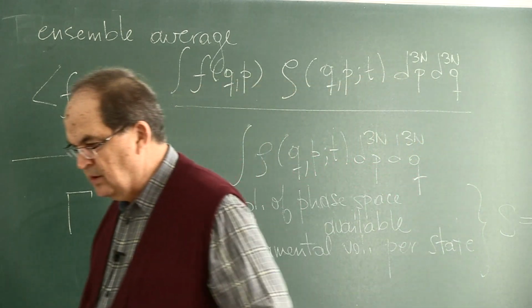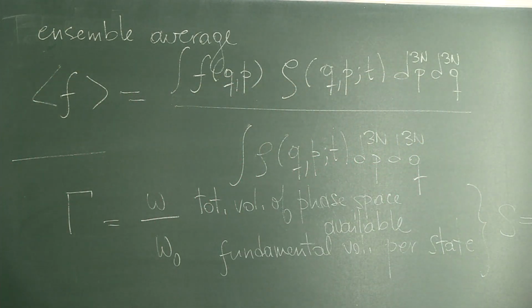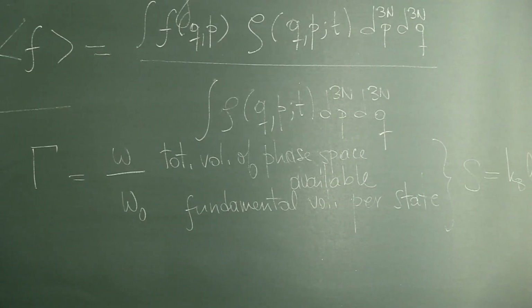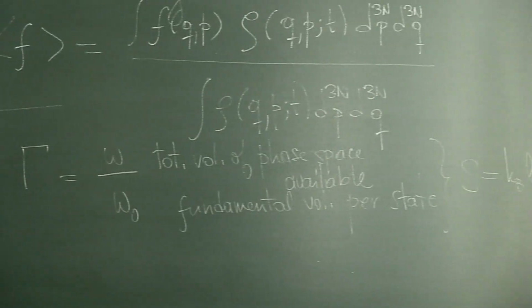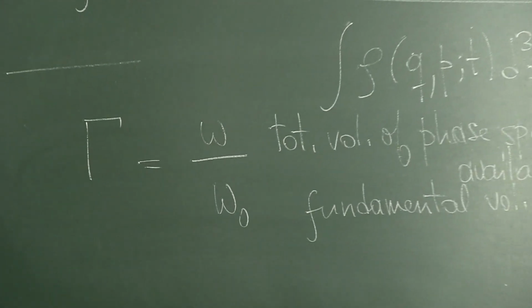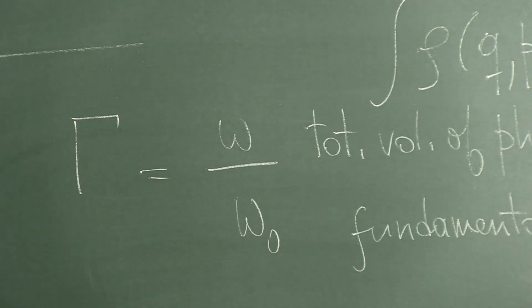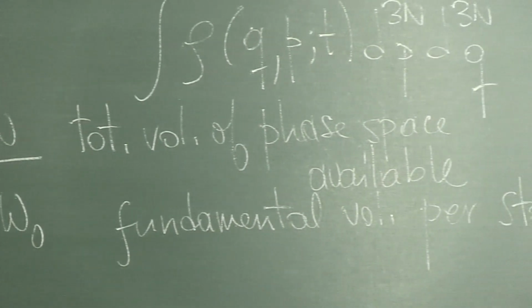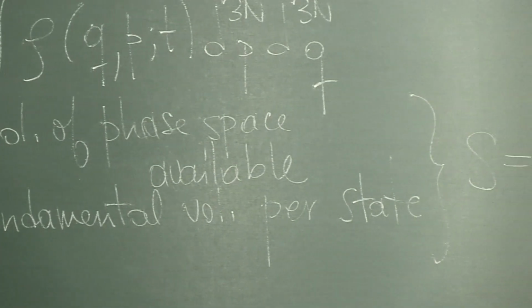In classical mechanics, we have a difficulty in defining this volume, because in classical mechanics we have x, y, z, px, py, pz, a single mathematical point as the state of the system, or the state of a particle, isn't it?